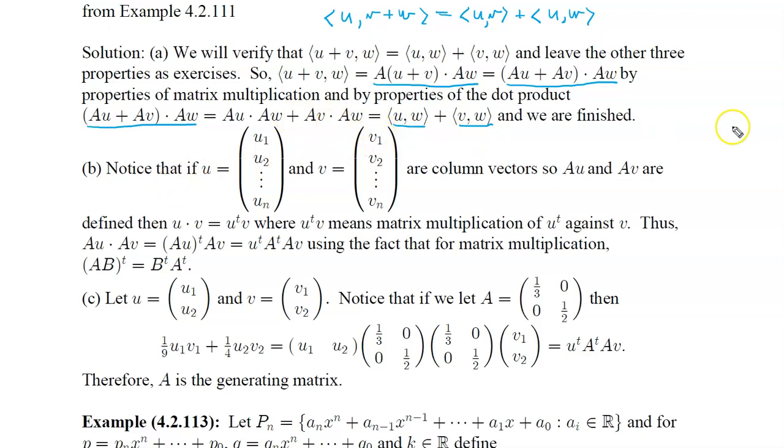All right, now let's take a look at part B. So let's notice here that if we write u as a column vector and v as a column vector, then if we look at u dot v, remember that's going to be u1 times v1 plus u2 times v2 plus dot dot dot plus un times vn.